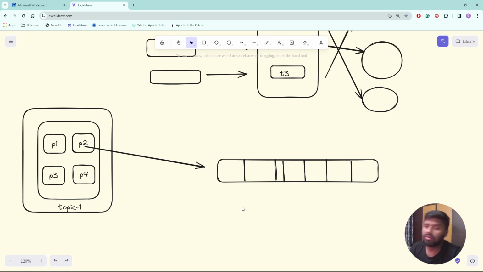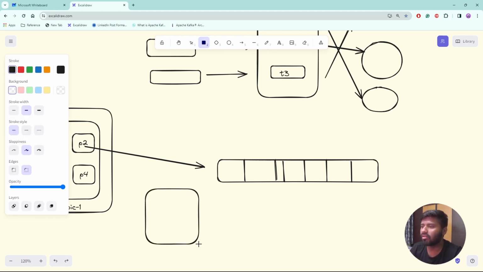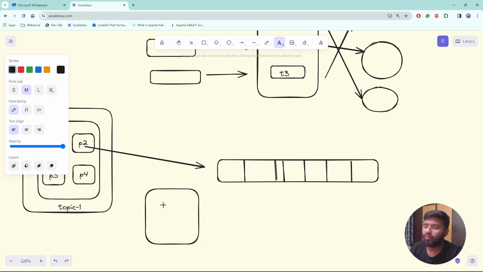Now here I wanted to explain how the messages are being stored. We have seen something called logs, right folks? So how do we write logs? Let's say this is one of my log files, and whenever I would like to write something within my log file, I always start from here.